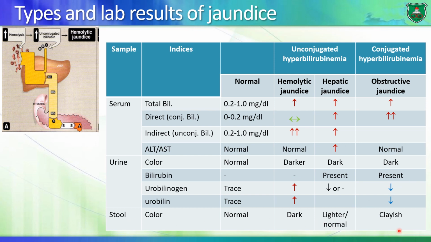And stool would look clay-colored as a result of the inability of the liver to transport conjugated bilirubin into the intestines, so there would be a low concentration of stercobilin in the intestines and in feces.